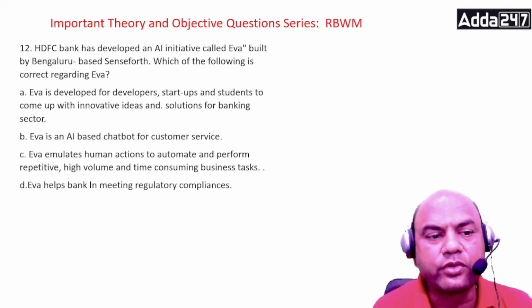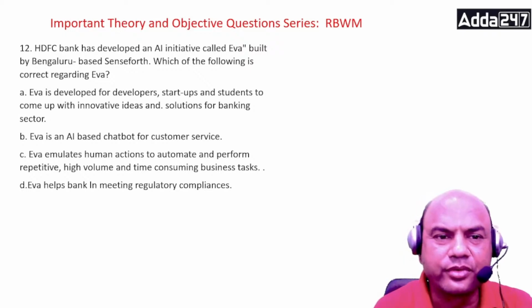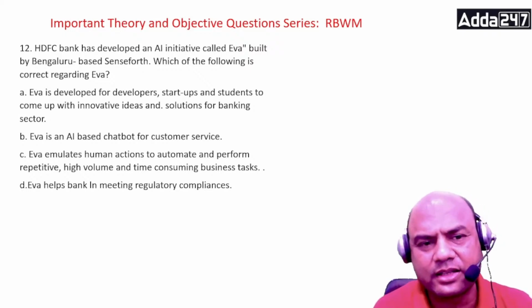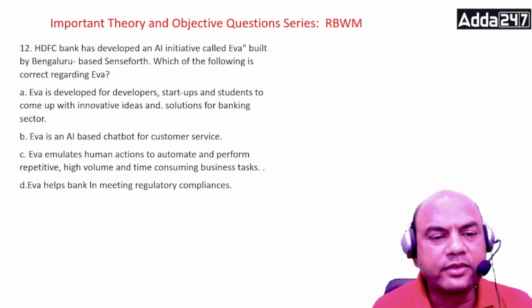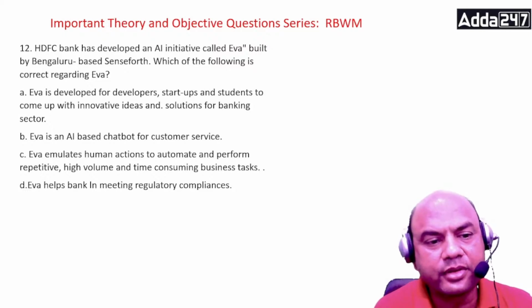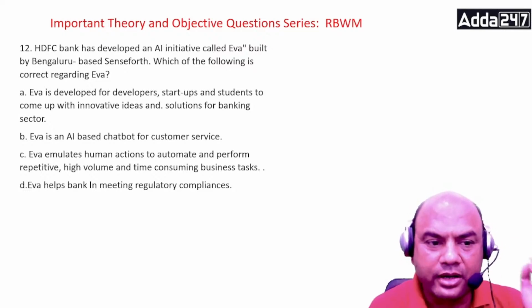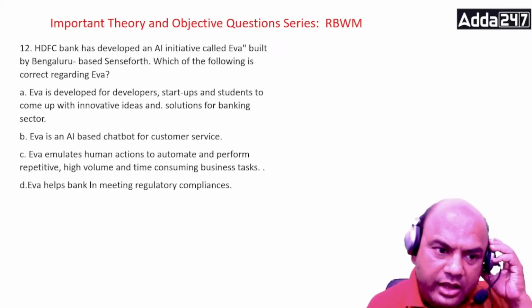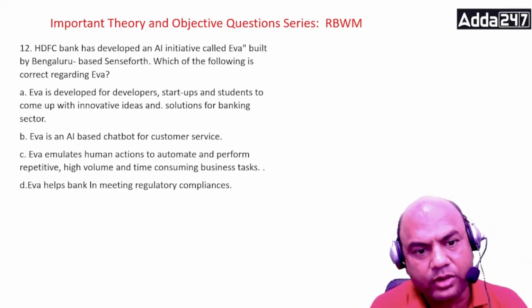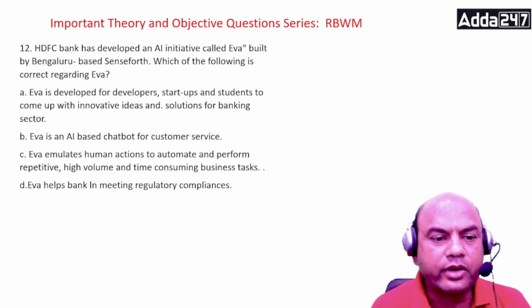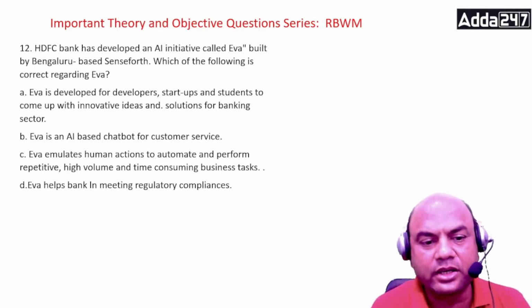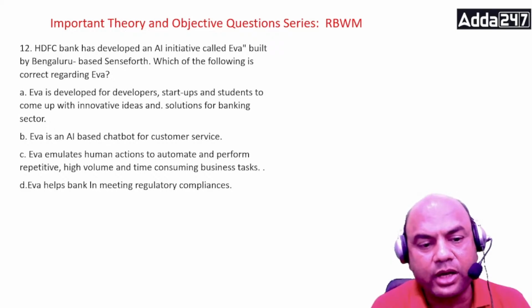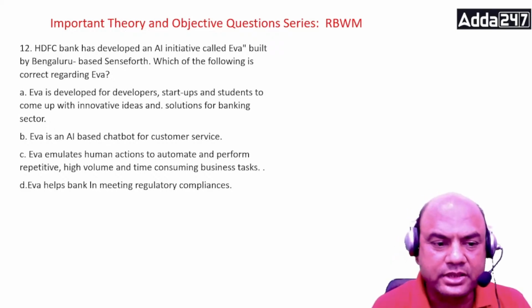Which of the following is correct regarding EVA? This is basically an AI tool. EVA is developed for developers, startups, students to come up with innovative ideas and solutions for the banking sector. EVA is an AI based chatbot for customer service. EVA emulates human actions to automate and perform repetitive, high volume and time consuming business tasks.